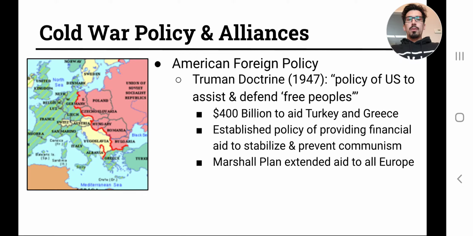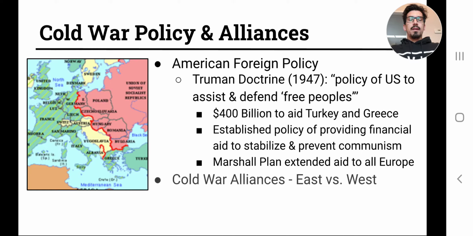And so when the Marshall Plan gets passed, and again, the Marshall Plan was that policy to provide $12 billion for the aid that would help rebuild Europe. And so all of those things were part of, or extensions of, the Truman Doctrine.